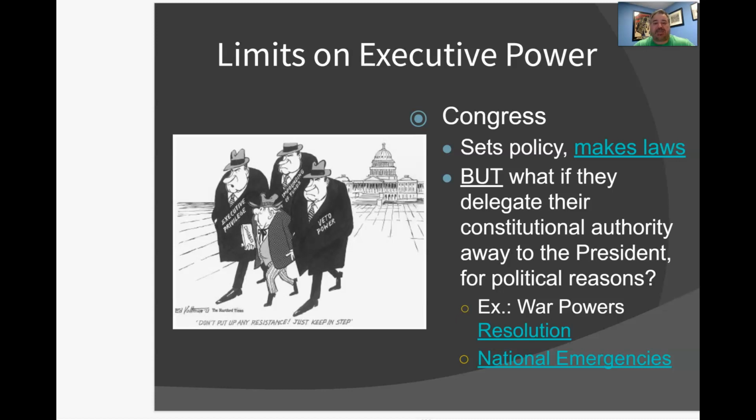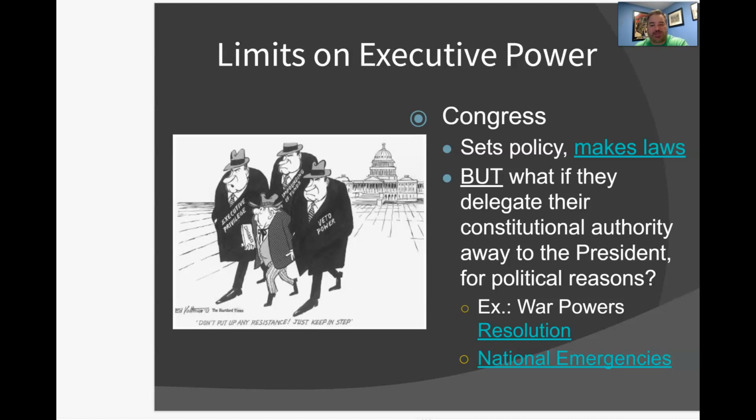Other times it's something like the 1973 OPEC oil price spike that triggered a national emergency that was declared. I believe it was actually declared by the Carter administration in 1977. That's been in place ever since. Okay, so that's a delegation of congressional power. Congress should be passing laws, not the president acting.